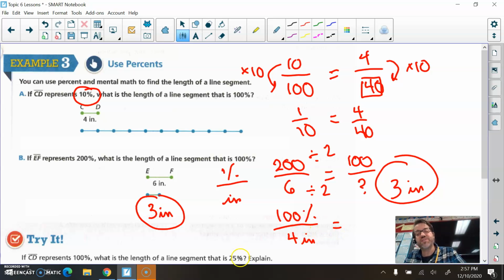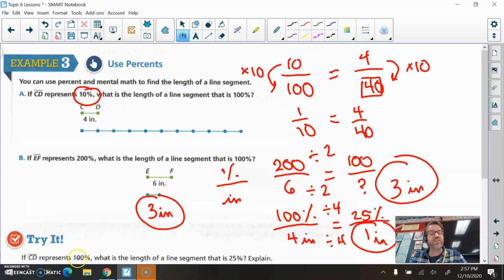Then if I want to find a segment that's 25%, well, golly, I just divide by 4 then, don't I? 25% is 1/4, and to find 1/4 of something, you can divide by 4. So that 4 inches, we'd have 1 inch here. So if segment CD represents 100%, then 25% would be 1/4 of that 4 inches, which is 1 inch.